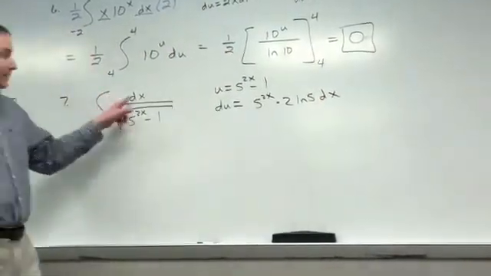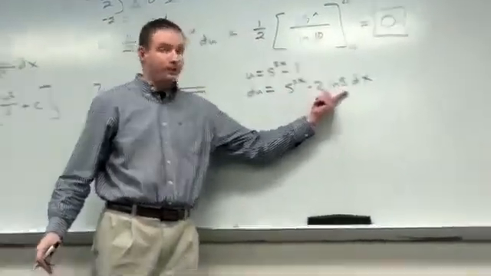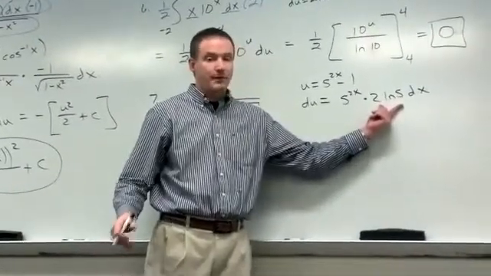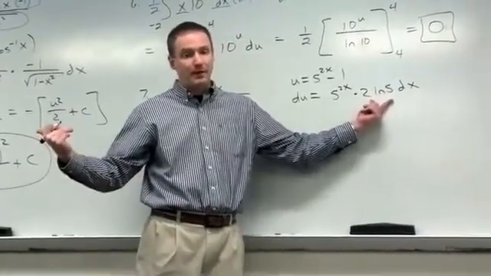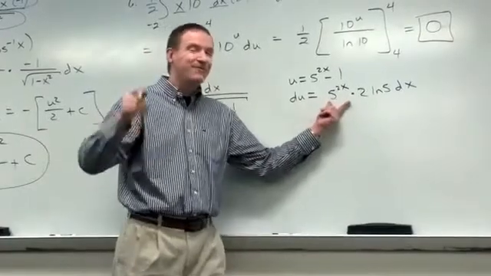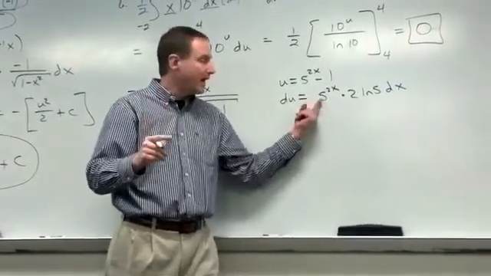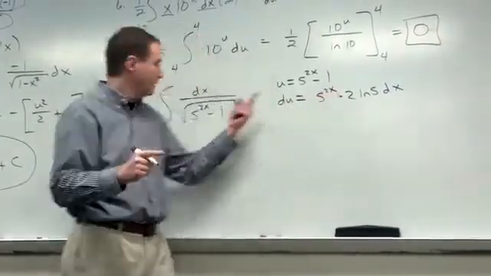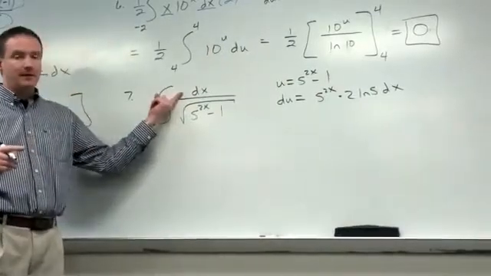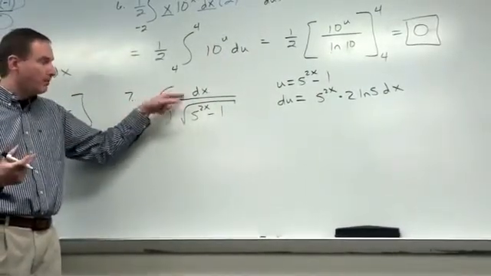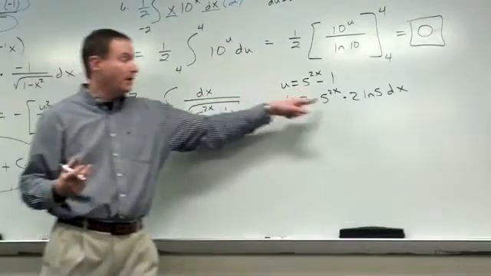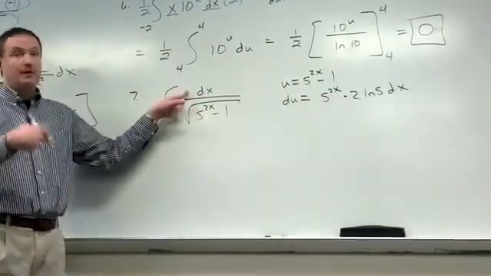Now, I see the dx in there, and I can multiply by 2 natural log of 5 if I divide by that out in front. But do I see a factor of 5 to the 2x in there that I could just replace? No. You can't multiply by a variable to get rid of it and call it du.